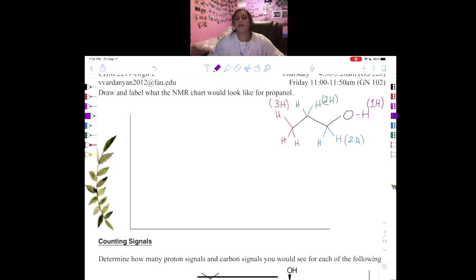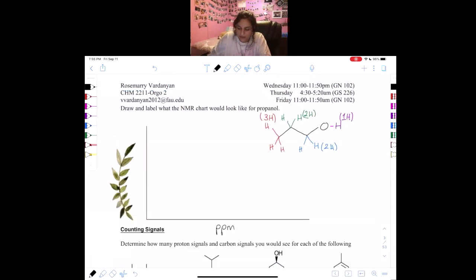Before we go on to actually drawing the spectrum and putting these together, I do want to go over what's happening in the spectrum. So here, this axis is ppm, and it's usually from 0 to 12 for hydrogen NMR, but I am going to just put 5 for these purposes. And we're going to go over the general layout.